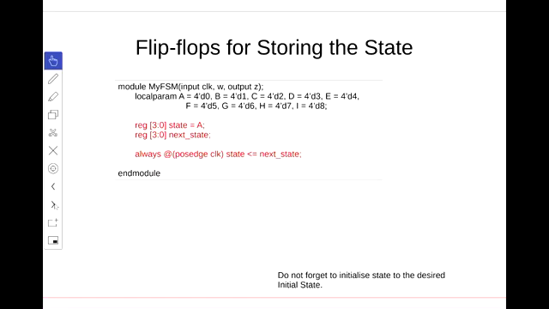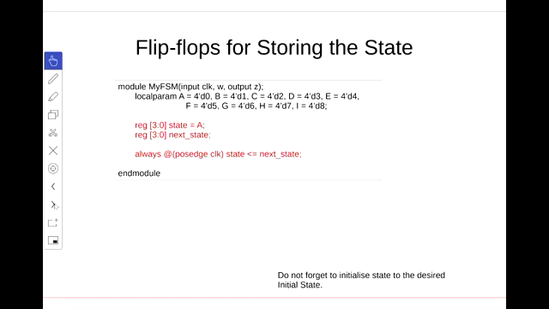A finite state machine needs to start somewhere, and it's very important you specify where it starts. So you notice I have initialized state to A. Think about that for a moment. It's not like the C programming language where it just sets the variable state to A when it runs that code. No. This state becomes 4 flip-flops in the FPGA.